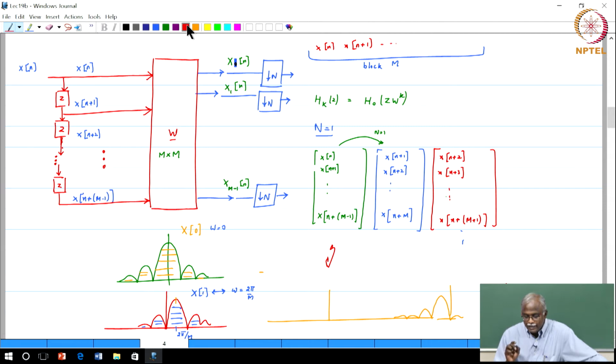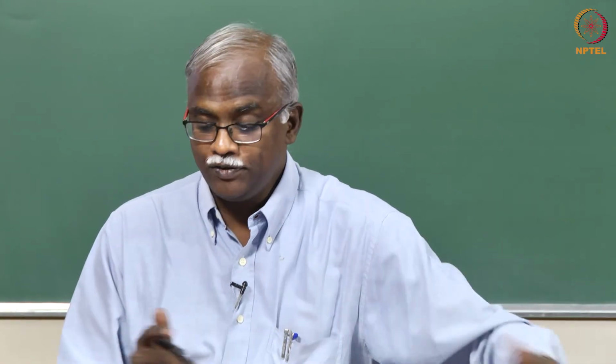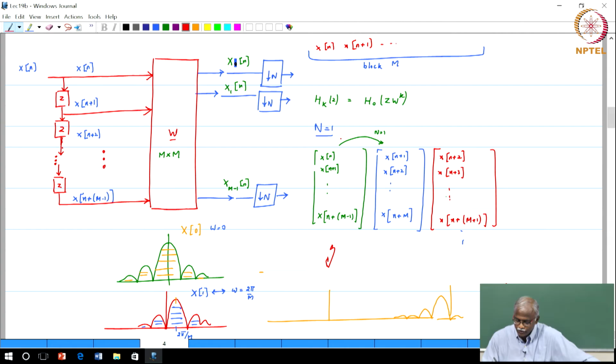Now if I set n equal to 2, basically move the downsampler all the way to the left, that means x of n will be the first sample, then x of n plus 1 will get removed, x of n plus 2 will become the next. So basically this becomes the n equal to 2 case. You will skip one of those vectors.